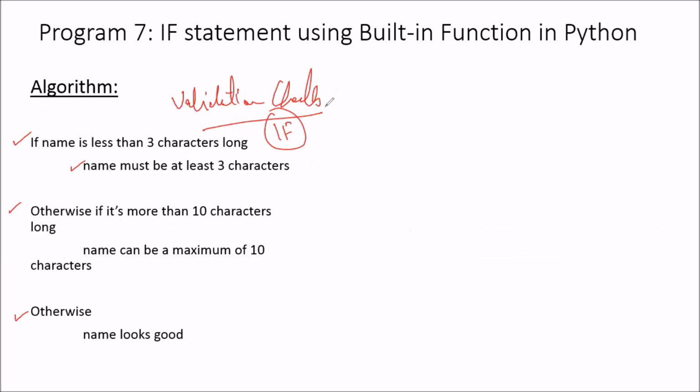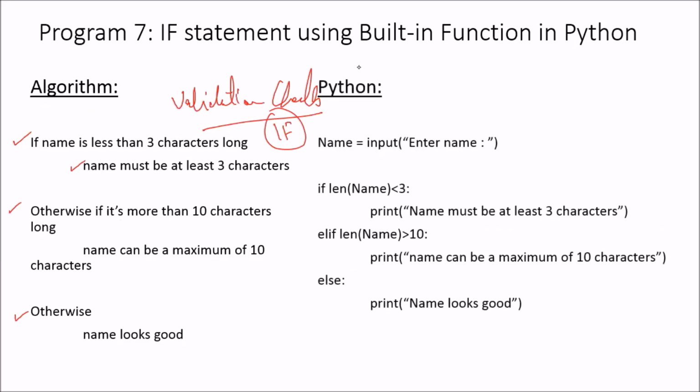If we use this in Python, we input a name, and if the len built-in function is less than 3, then output a message that the name must have at least 3 characters. Else, again the len function, if it's greater than 10, then print this. Else, print name looks good. So you can work with this.